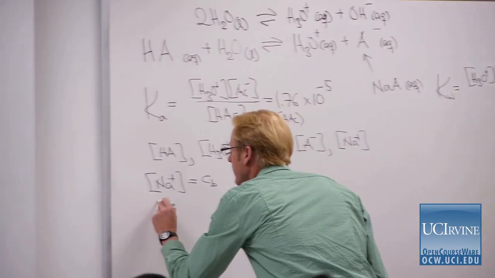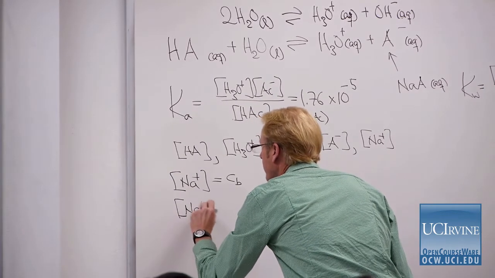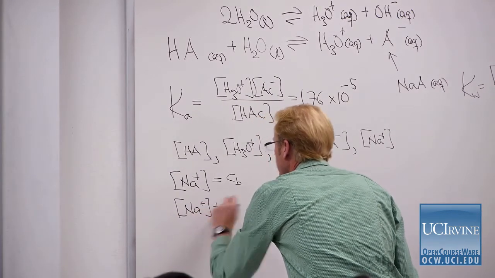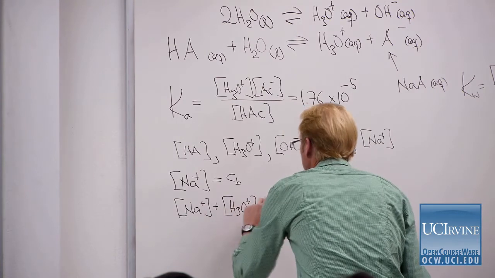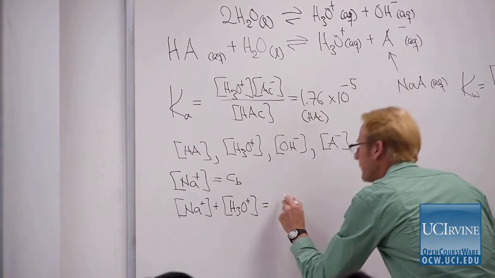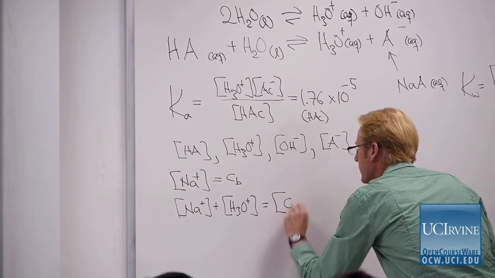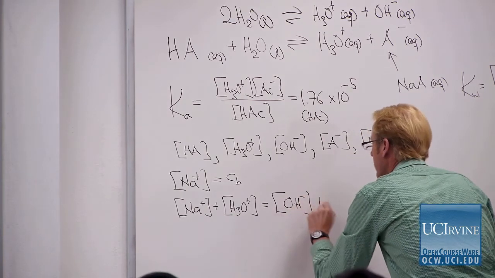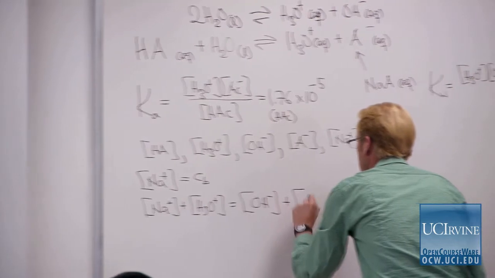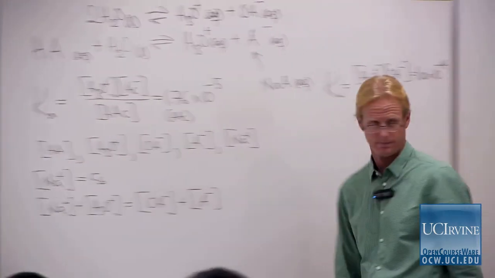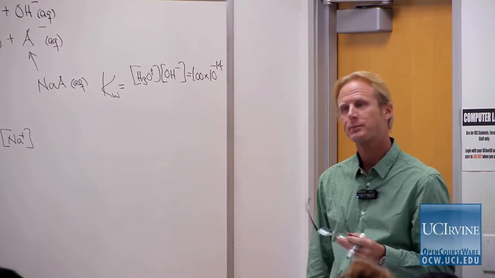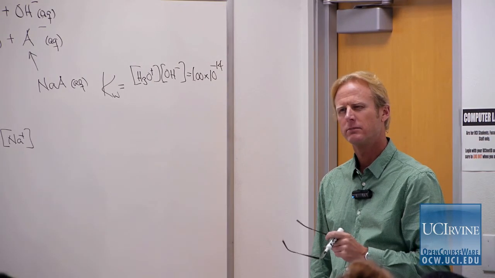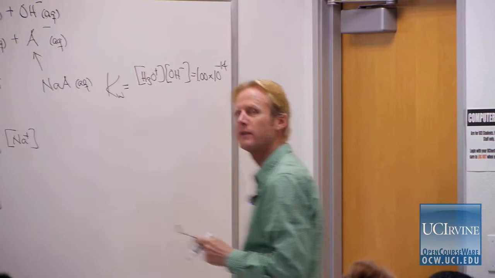So now I can say that Na plus concentration plus H3O plus concentration is equal to OH minus concentration plus conjugate base concentration at equilibrium. Okay? Make sense? Okay, we need one more.